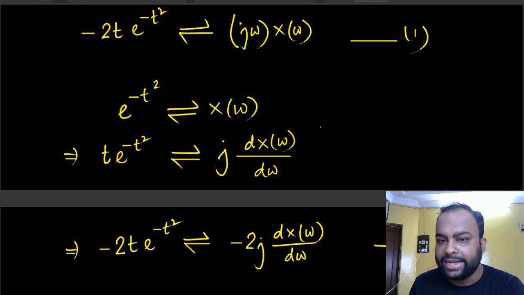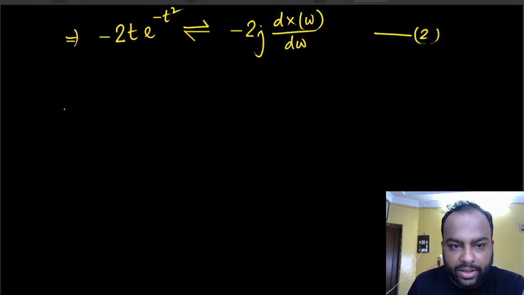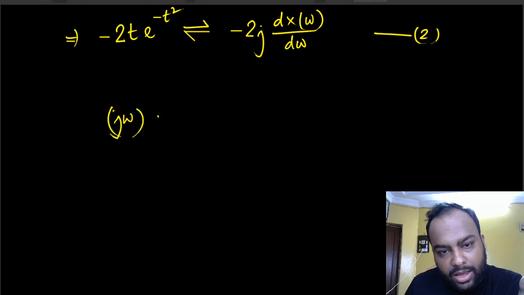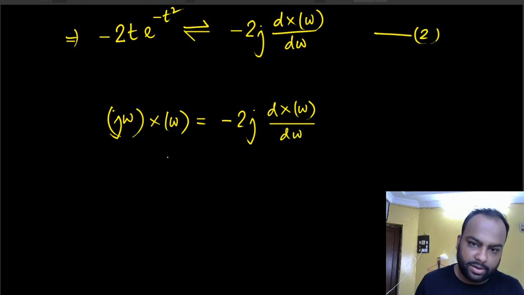But since this is an identity, the right hand sides of equation number 1 and equation number 2 should be identical. Based on that, we can now say that j omega X(omega) is equal to minus 2j dX(omega)/d omega.